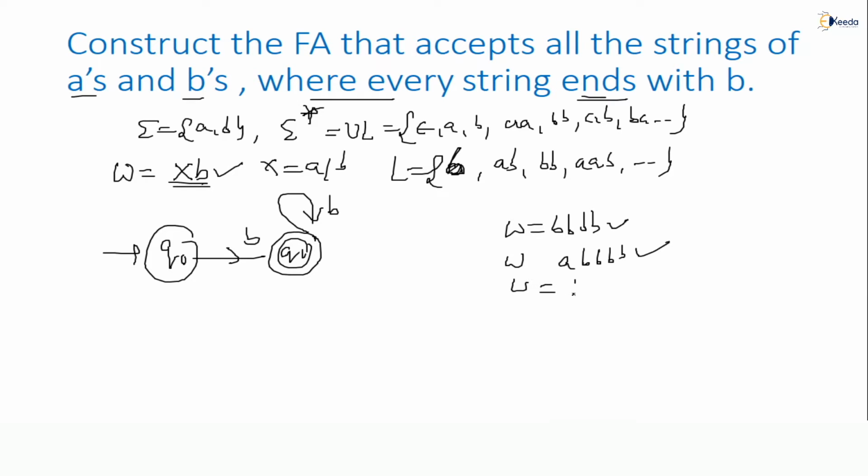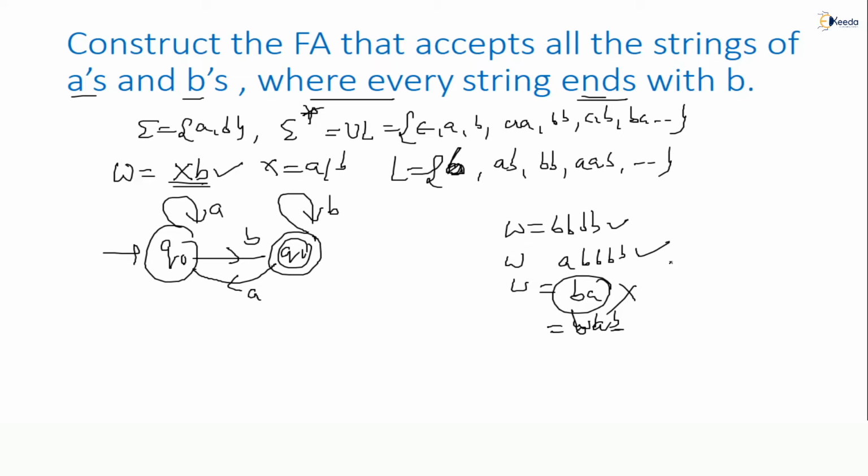Suppose you get BA, this must be rejected. And suppose you get BAB, it is ending with B, so I make Q1 on A go to Q0. So at Q0, any number of A's can come in the middle.